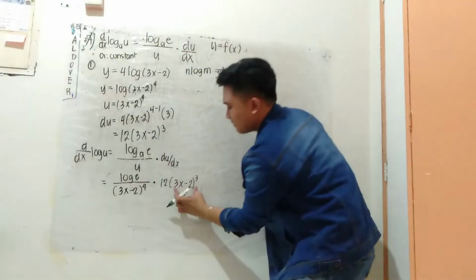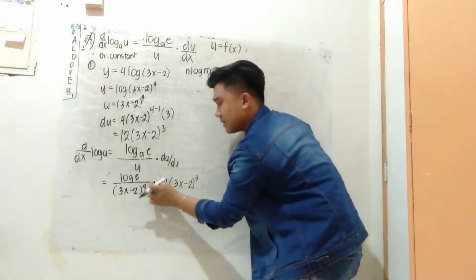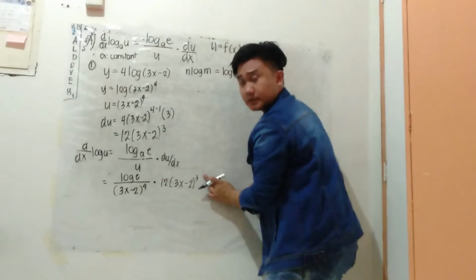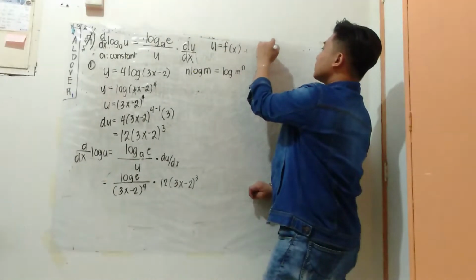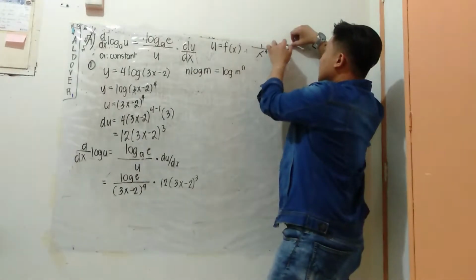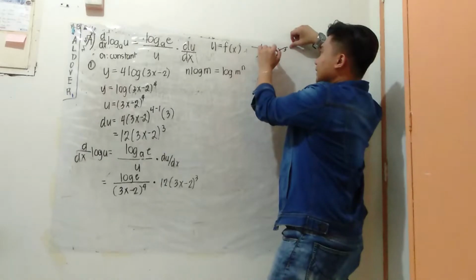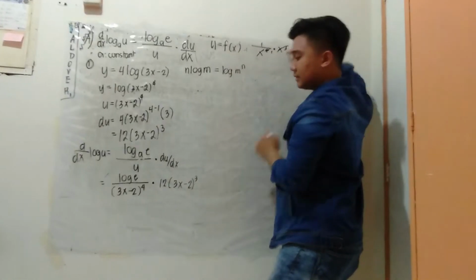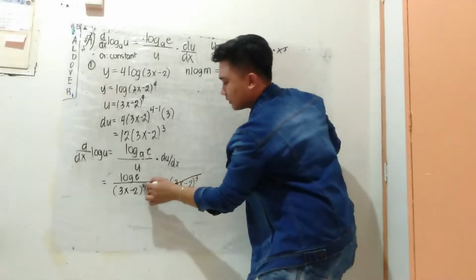So, as you can see, parehas lang tong term na to, magkaiba lang yung exponent nila. Kumbaga, meron lang akong x raised to 1 over x raised to 4 times x cube. Diba? Mababawasan nyo ng 3 kasi kinancel mo na. So, ganun lang din yung mangyayari dito.